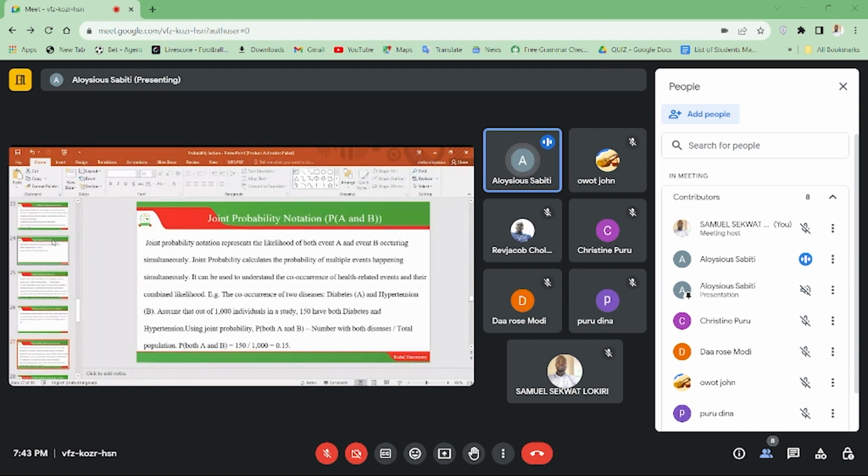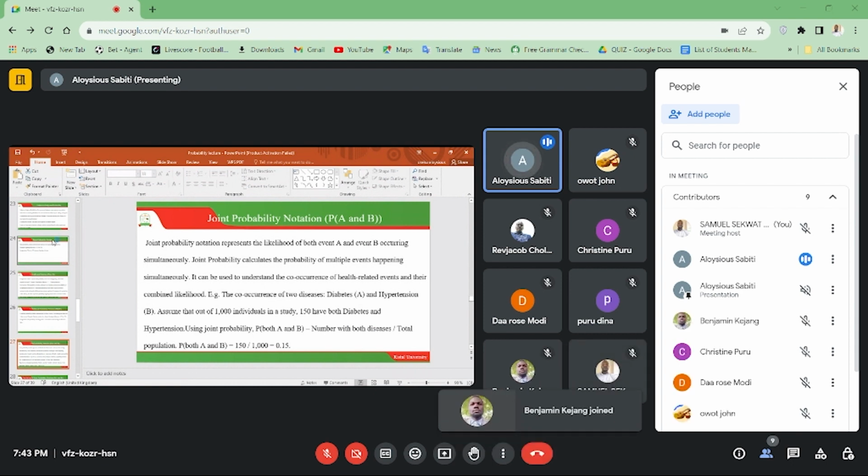If you wanted to look at the probability that a population might have both diseases, you would subject the cases. For example, you go to a health facility and look at who has fever and malaria.